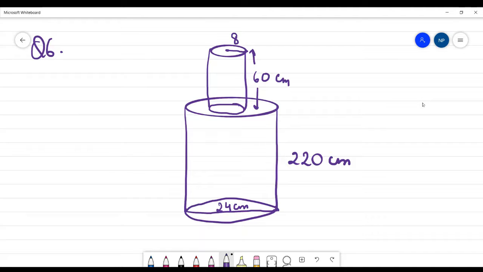Find the mass of the pole given that 1 centimeter cube of iron has approximately 8 gram mass. That means the weight of 1 centimeter cube of iron is 8 gram. So we have to find the mass of the pole, that means the weight of the pole.